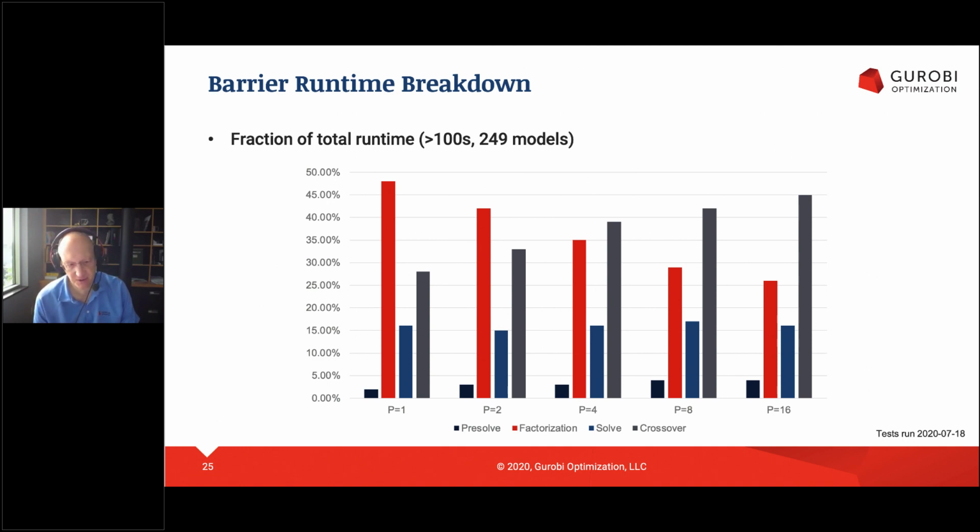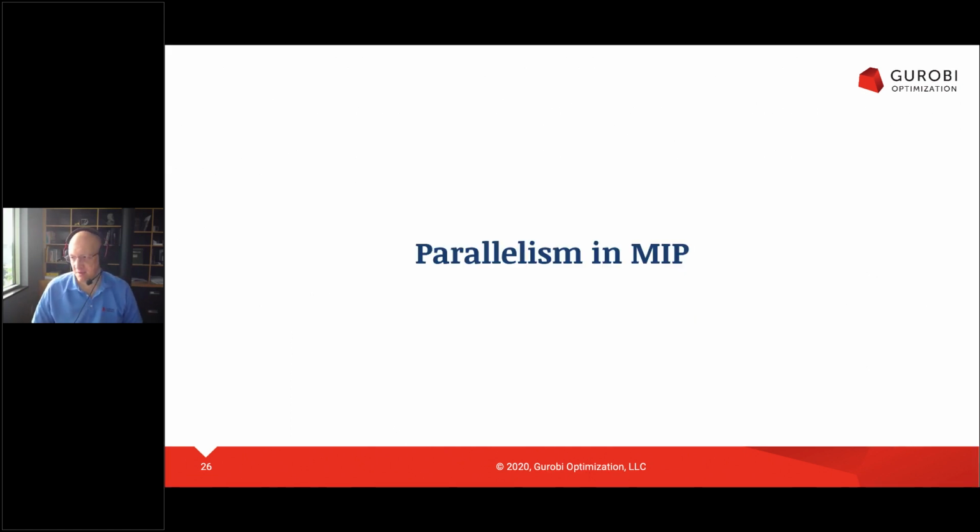It's closer to 50% of total runtime. But as you add cores, again, the cost of the factorization drops, the relative cost of the crossover increases. And in fact, for the harder models, crossover is an even more dominant fraction of overall runtime. 45% of overall runtime on average goes to crossover. So there are some constraints on parallelism for LP.